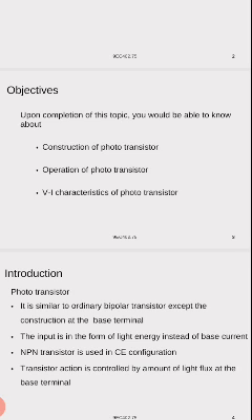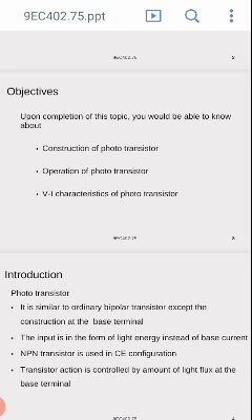Phototransistor is similar to an ordinary bipolar transistor, except for the construction at the base terminal. The input is in the form of light energy instead of base current.